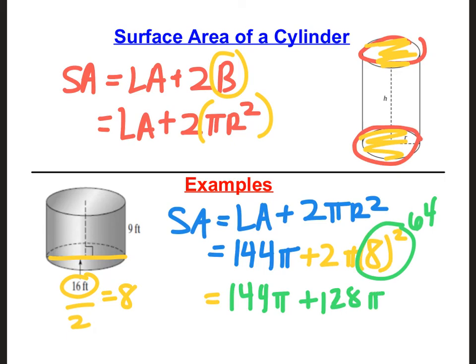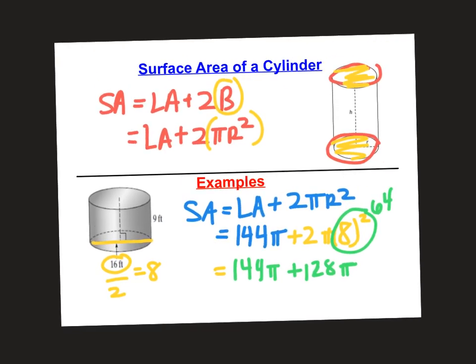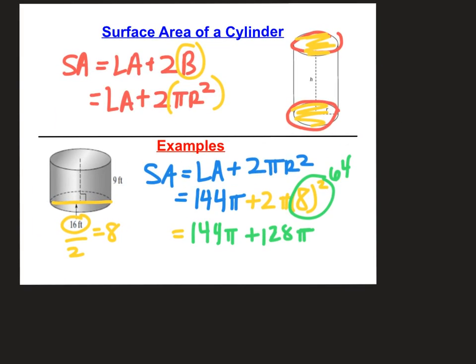Again, if I want to put this together, I'm just going to add those numbers in front of pi. I'm going to zoom out just a little bit. So I'm really adding 144 plus 128, and when I do that, I get 272. So we would say equals 272 pi. Again, we're still talking area, so my units would be feet squared.